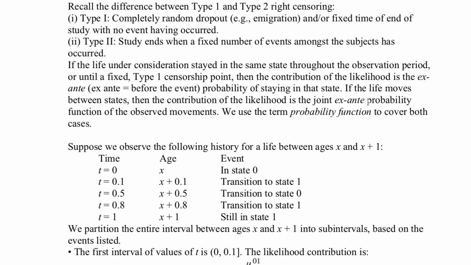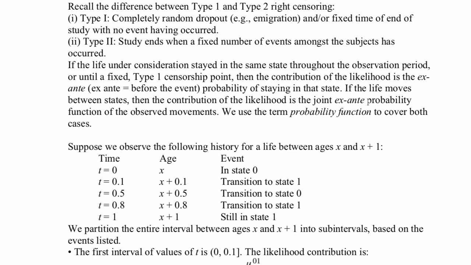Recall the difference between type 1 and type 2 right censoring. That's one more issue for us here. The data that we're working with is censored. That means that we don't get to observe all of it. It's limited in some way from our observations. Type 1 is where there is completely random dropout, for example, emigration, and a fixed time of end of study with no event having occurred.